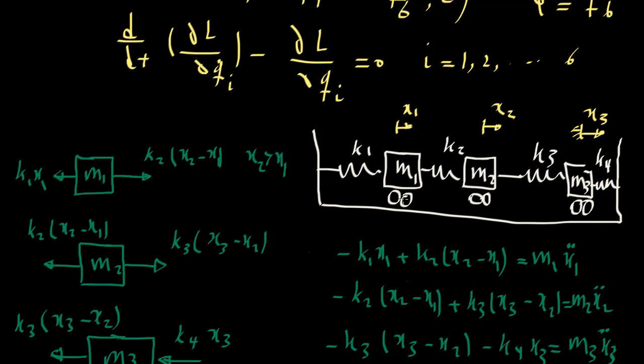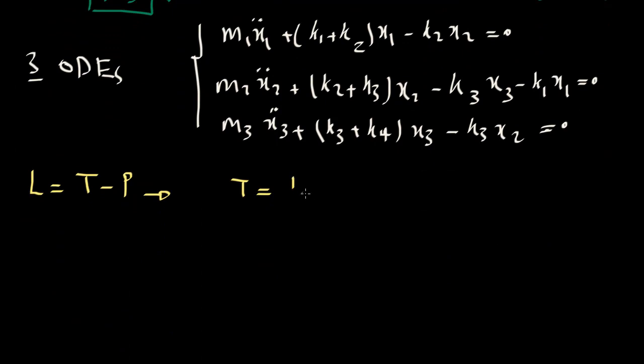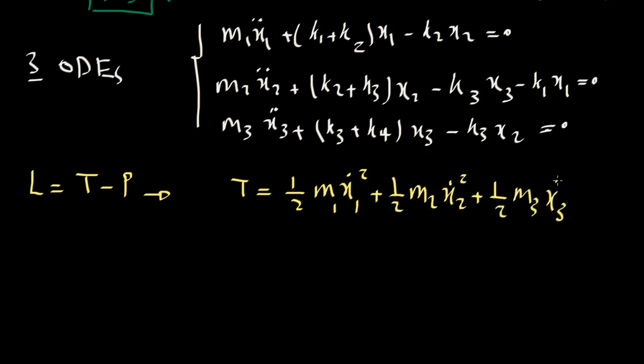So it would be kinetic energy of this particle plus this particle and this particle. So this would be 1 over 2 m1 x1 dot squared plus 1 over 2 m2 x2 dot squared plus 1 over 2 m3 x3 dot squared.